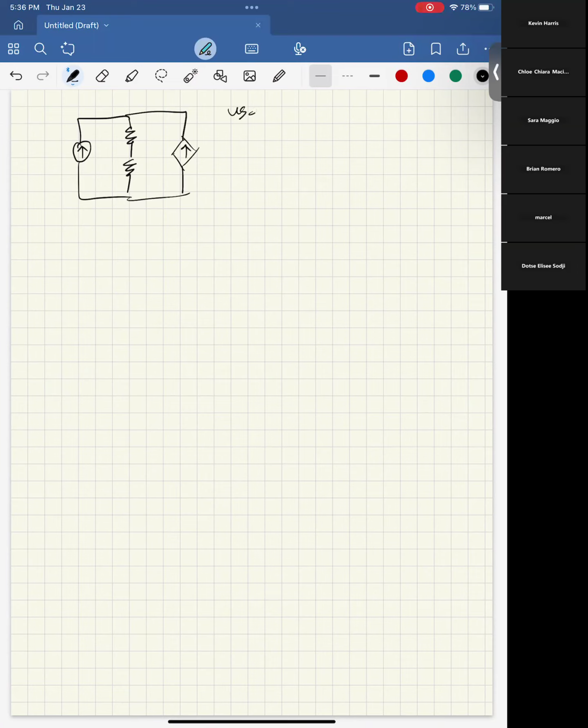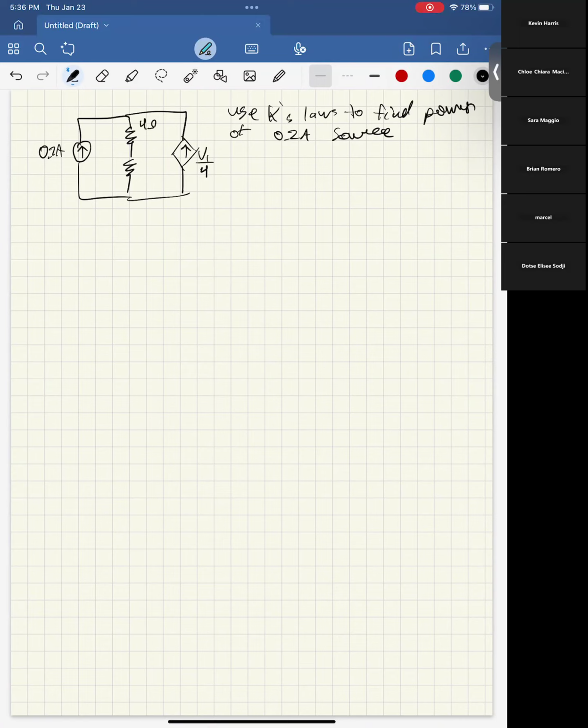This says use Kirchhoff's laws to find power of 0.2 amp source. So here we have 0.2 amps. We have V1 over 4.